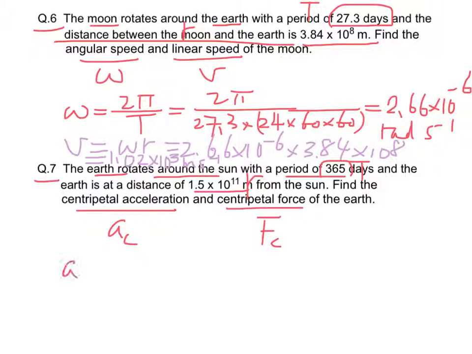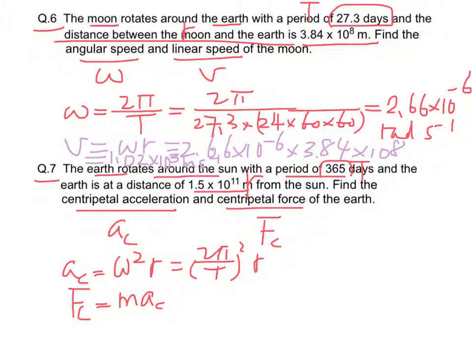We have Ac equal to omega squared r, equal to 2 pi over period squared times radius, and centripetal force equal to m Ac. Substitute the data into the equation.